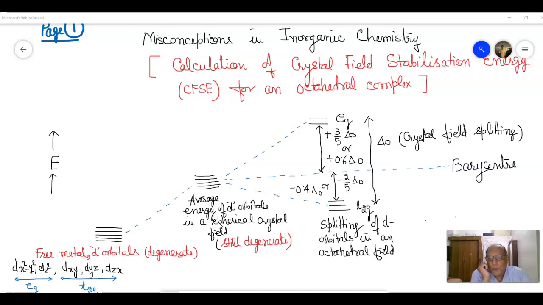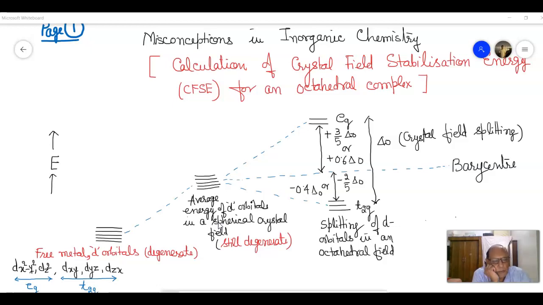So before I actually come to the point where misconceptions lie, it is better to have a brief revision of the fundamentals of crystal field splitting and calculation of crystal field stabilization energy for those metal ion configurations where there is no confusion at all.